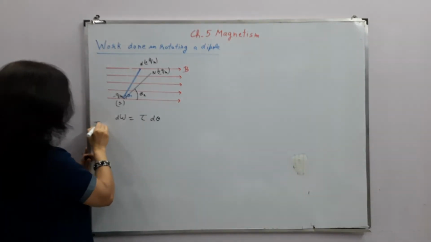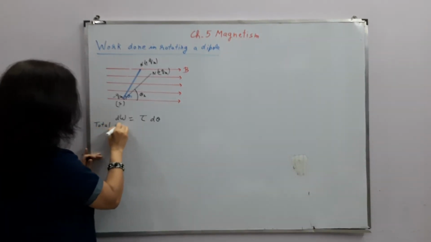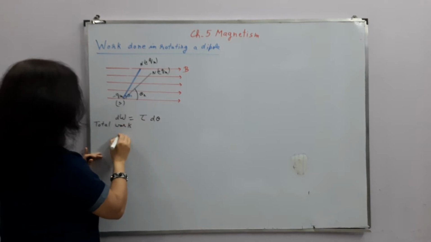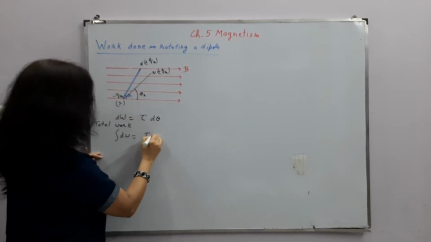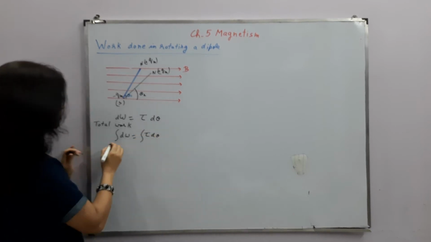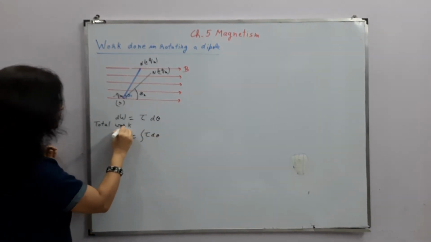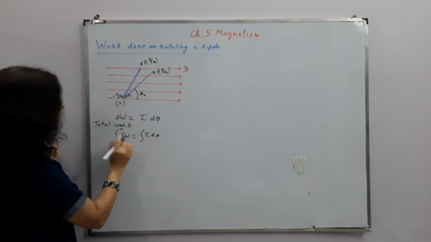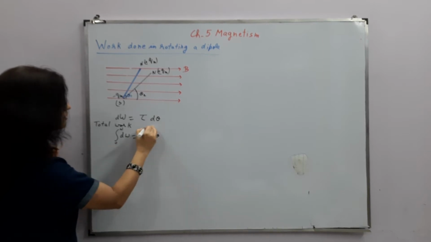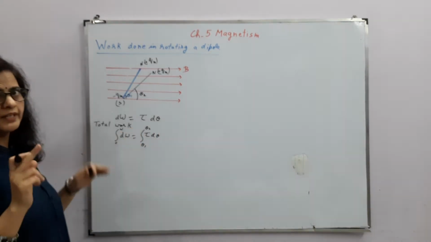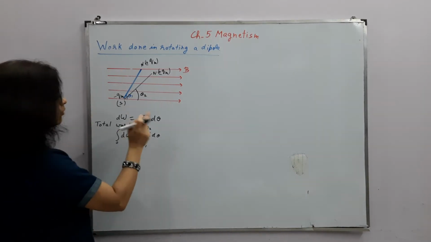So this d theta rotation gives dW work. For the total work we will integrate it. So integral of dW is equal to integral of tau d theta. This will be 0 to W, the total work, and this I will integrate between theta 1 to theta 2. While rotating it from theta 1 to theta 2, what will be the work done?